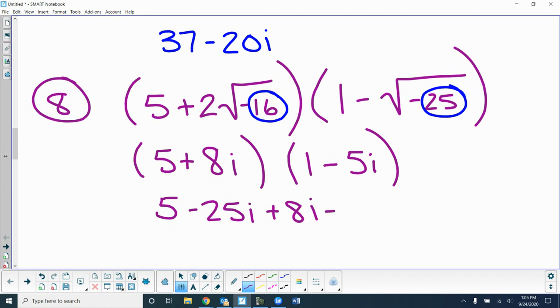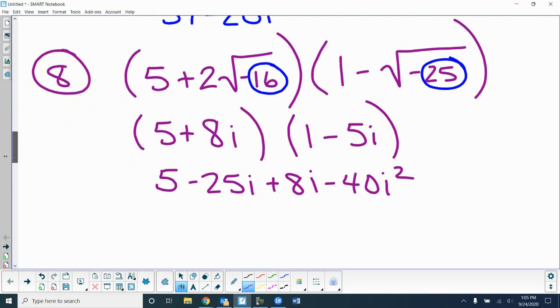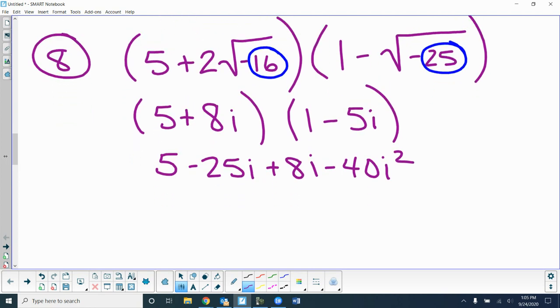And 8i times negative 5 is negative 40i squared. So that negative 40i squared becomes positive 40. So I get 5 plus 40 is 45. And negative 25i plus 8i is a negative, sorry, negative 17i. That one seemed to give a few people trouble. But now it's easy, right?